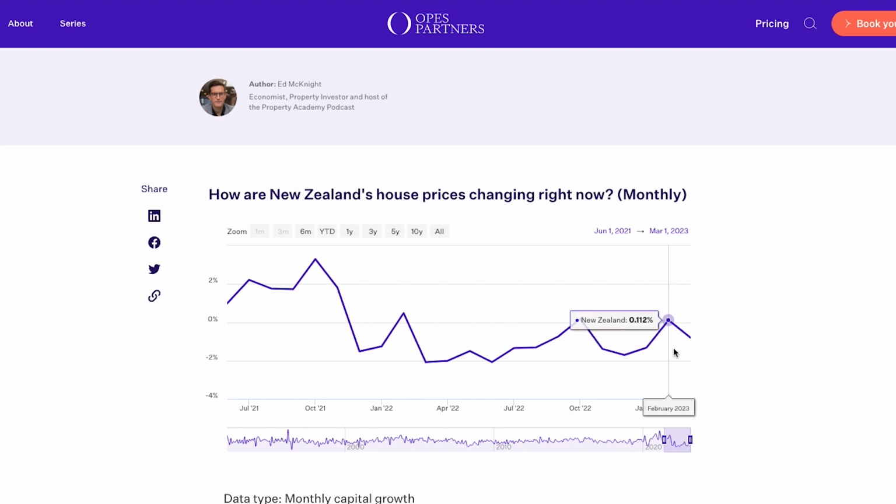Now, if we look at the last 2 months, in February, they actually increased by a minuscule 0.1%, but they only fell by about 0.8% in March. So we're starting to see that some of those big house price declines are coming to a bit of an end. And the best thing about this is I can't wait for you guys to be able to play around with it yourself. Zoom in, check it out.